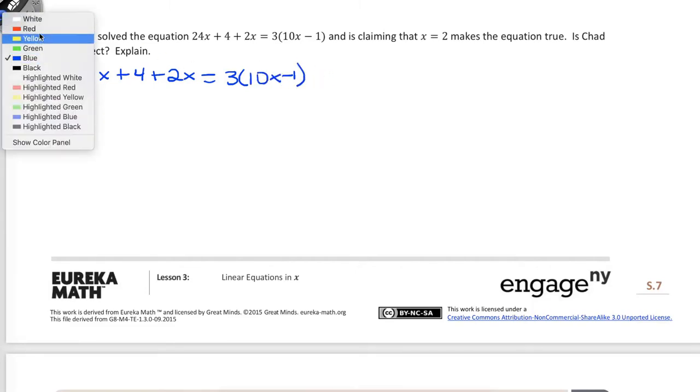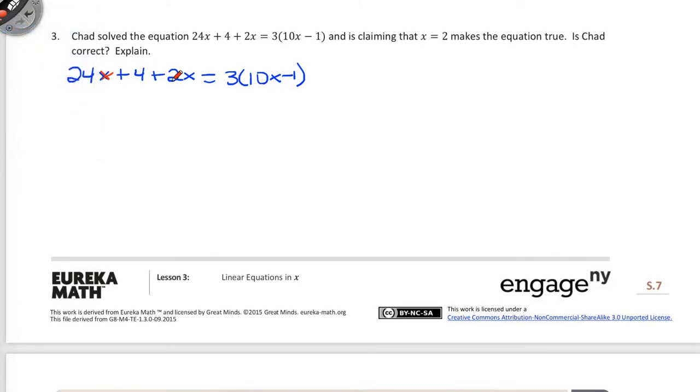And again, I'm going to swap out these x's for 2. So 24 times 2, there's nothing to do with that 4, so it just drops down, plus 2 times 2 equals 3 times the quantity of 10 times 2 minus 1.